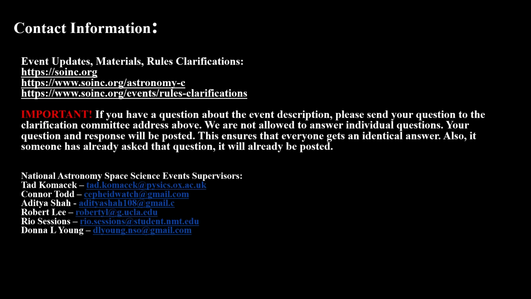Do not send it to us individually. We are not allowed to answer individual questions about the competition itself, about the event description and rules guide itself, because if you send that question to the clarification committee, they will send it to us, and then we will all reply.